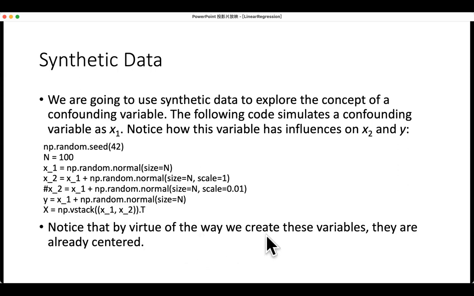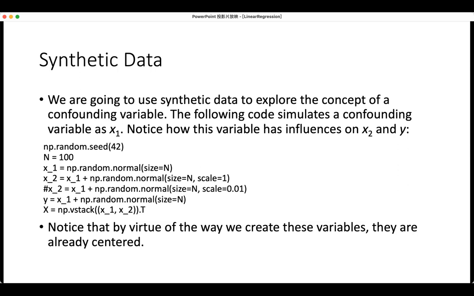One thing to notice is that all these variables are already centered. Because they are generated randomly, they could be positive or negative, right? So the average of x1, x2, and y are all 0. The expected value will all be 0.